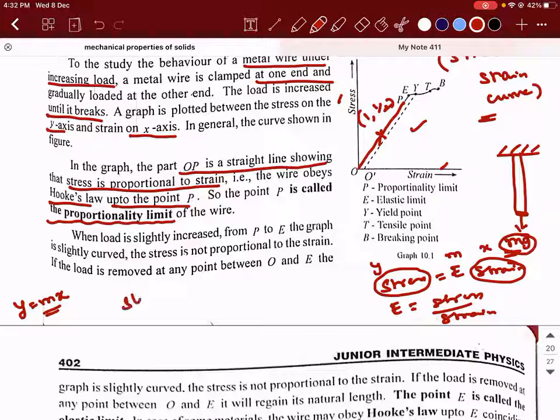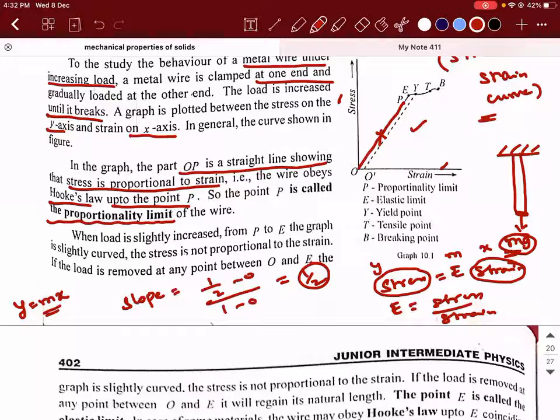Take the ratio. Yes, slope is what? Half minus 0 divided by 1 minus 0, which should be half. So the slope is a mathematical term, and in terms of physics, it is called the modulus of elasticity, provided it is within the elastic limit. I hope I'm clear with that point.